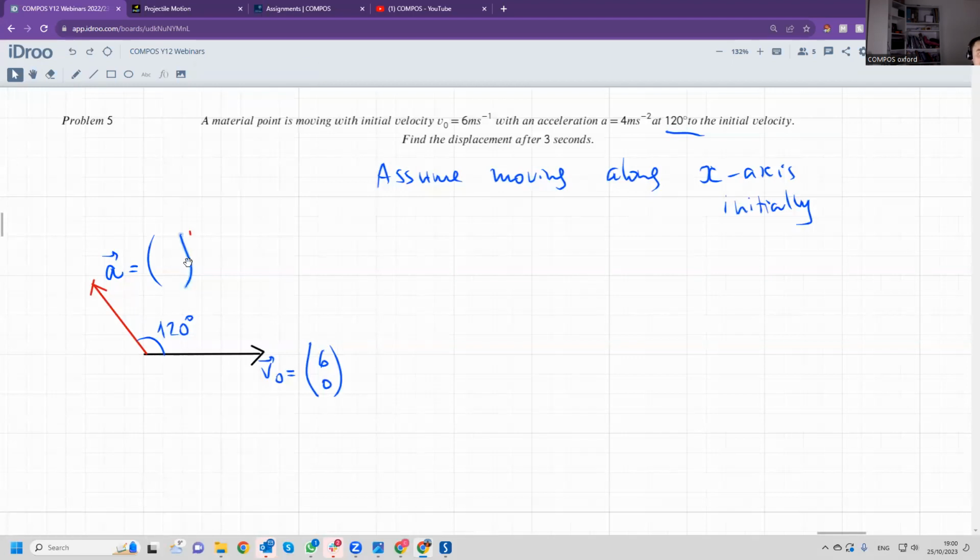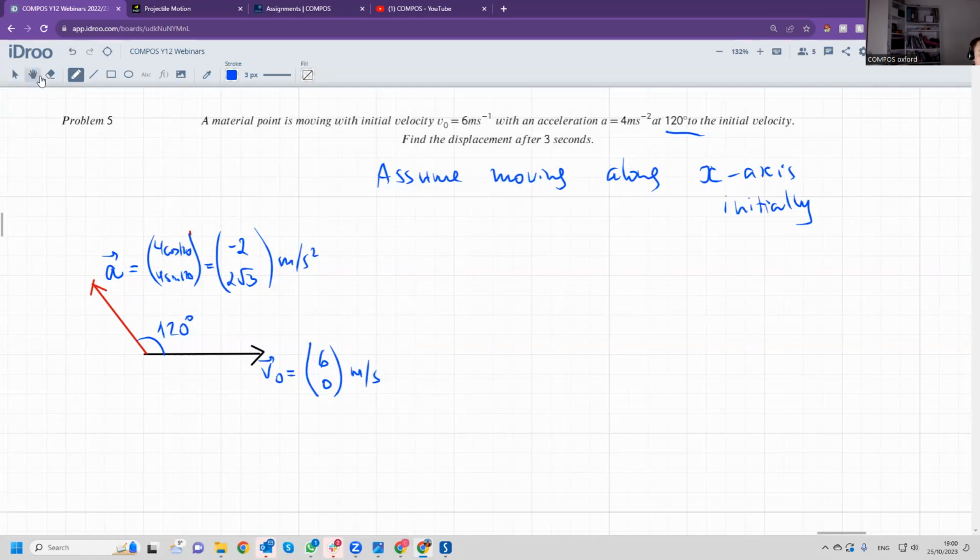Cos 120 is minus a half. So this is 4 cos 120 and 4 sine 120, which is minus 2 and 4 times root 3 over 2, so 2 root 3 meters per second squared.